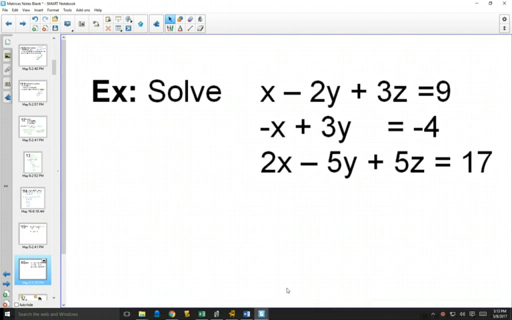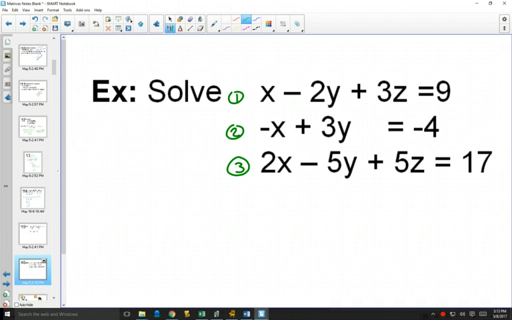So work on this one with 3 equations and 3 unknowns. What you generally do with 3 equations and 3 unknowns, since you have 3 equations, you take 2 of them and eliminate a variable. So for example, can you see if you take equation 1 and equation 2, you could use elimination really quickly and get rid of the x's.